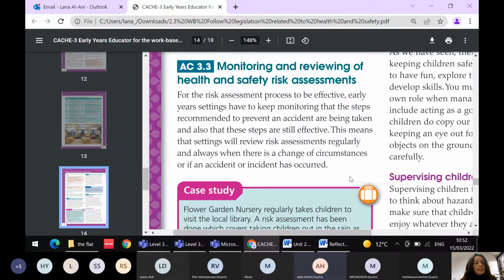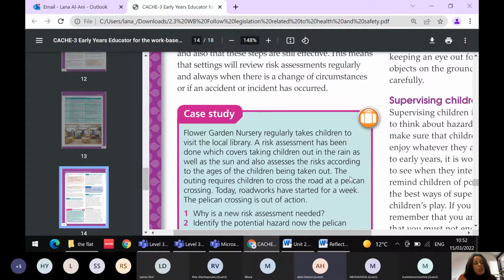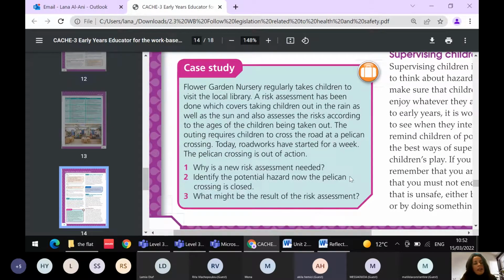How many accidents occur? So we need to check. Do we need to change our risk assessment procedure? That is very important. So we know how many accidents have happened, and then we can decide whether our risk assessment is effective or it's not.